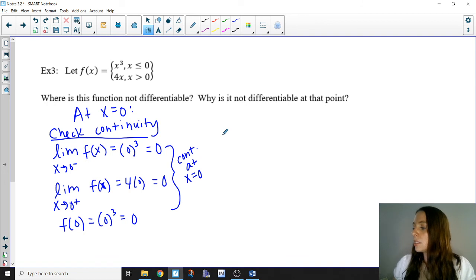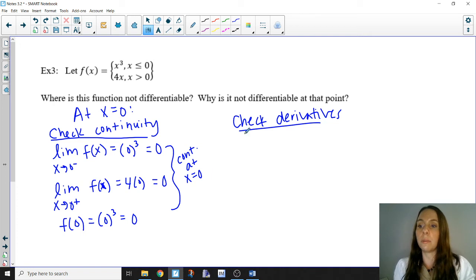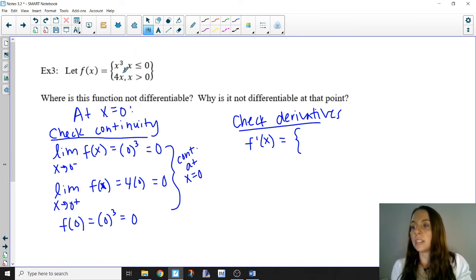Okay, so the next thing that we're going to do is check the derivatives at x equals 0. We're going to check the left-hand derivative at x equals 0 and the right-hand derivative at x equals 0. Now, I think before we actually plug 0 in, we should just define our derivative equation as a piecewise function. And so we're going to go to each of these pieces and take the derivative.